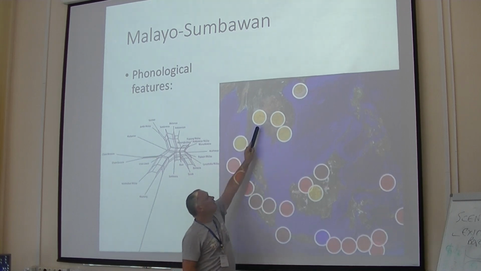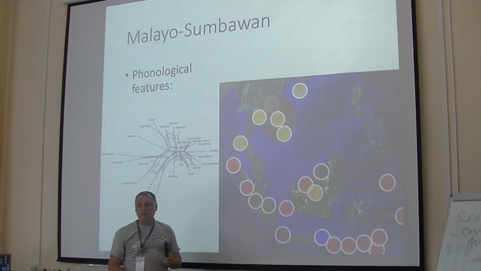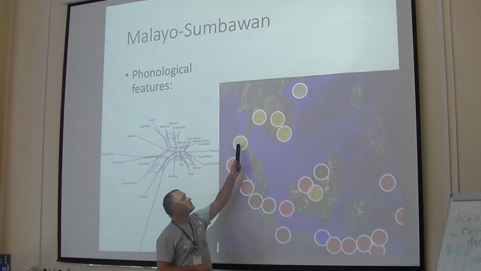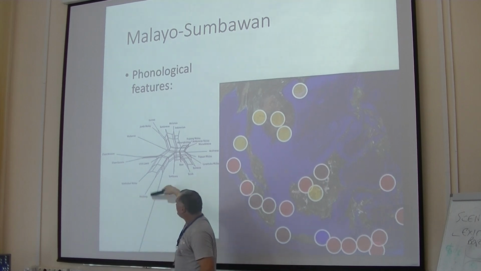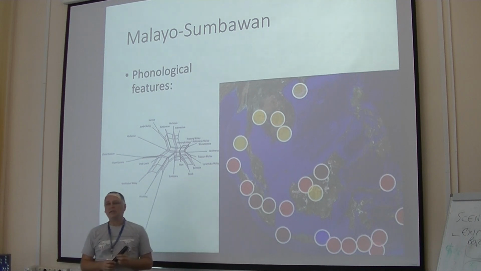Similarly, Urak Lawoi' and Nonthaburi Malay are not part of the Chamic subgroup, but phonologically they're behaving like that. Can you think of any reason why these 5 languages came out in the same phonological subgroup? Is there any hint on the map that may tell you why they're grouping together, even though they come from different subgroups of Malayo-Sumbawan?